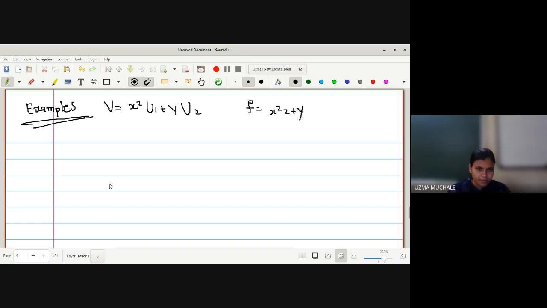Find Vf, that is the directional derivative of function f in the direction of the vector field V. And secondly, we have to find the value of V of f. That I will show you how to find.